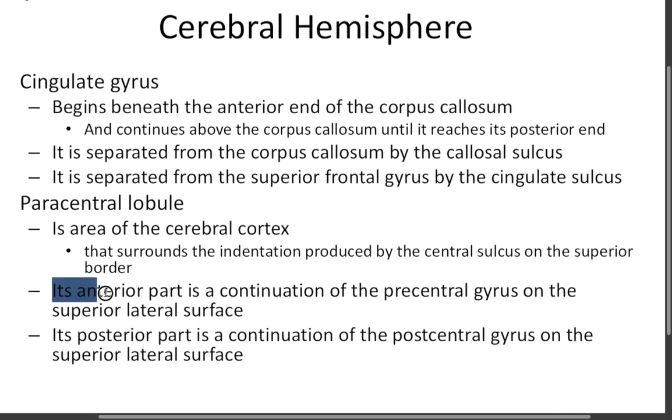As we have mentioned, its anterior part is the continuation of the precentral gyrus. The precentral gyrus is located at the superior lateral surface, and therefore the precentral gyrus is always lateral, but the anterior part is the continuation of the precentral gyrus.